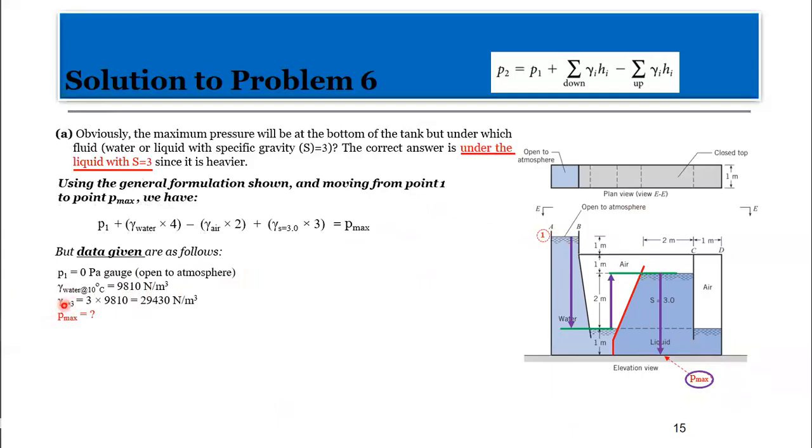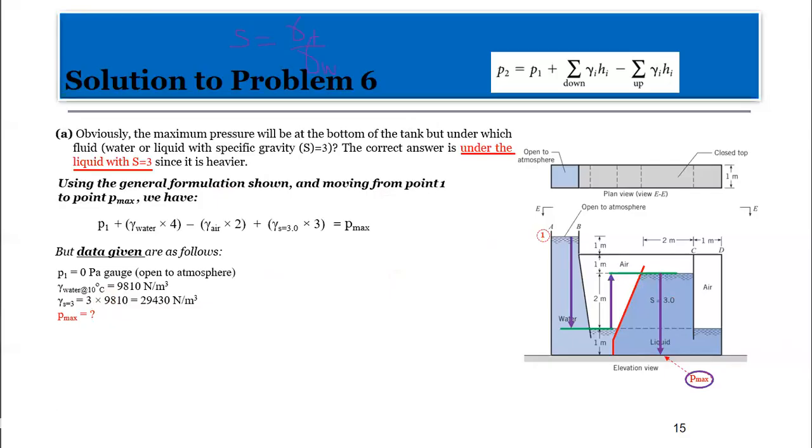So if we are talking about, let's say, specific gravity 3, that means the gamma of that liquid will be just 3 times what? You are wondering about it. Sorry. Let's see how we had that. Please pay attention. Why am I saying gamma S3 equals 3 times that? Because S is equal to gamma of the fluid over gamma of water.